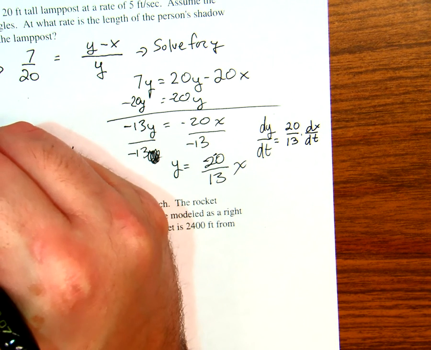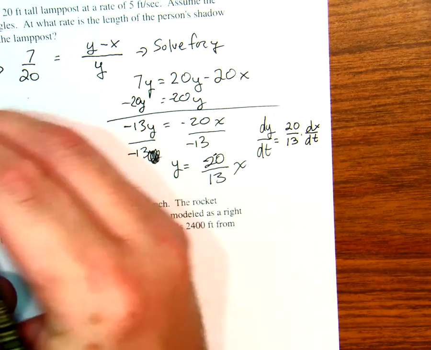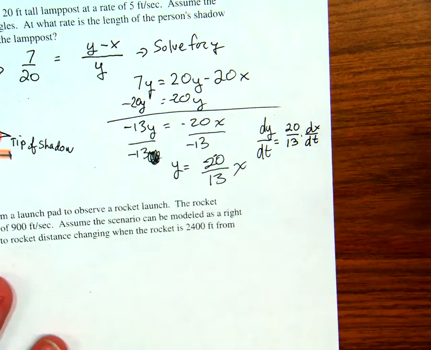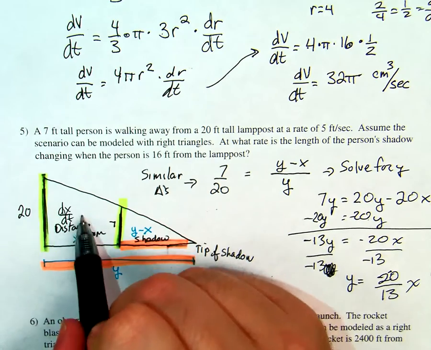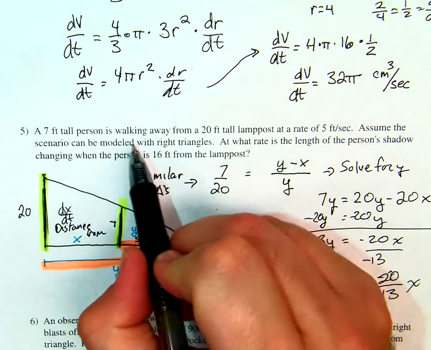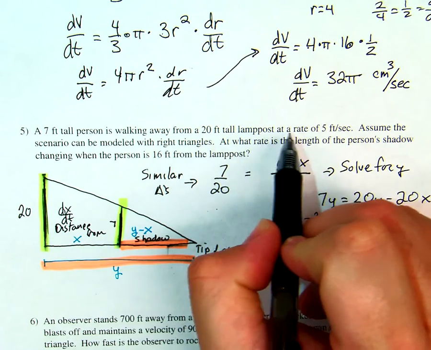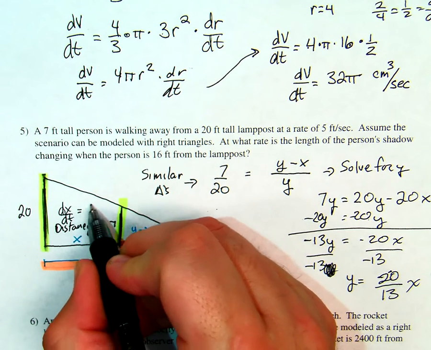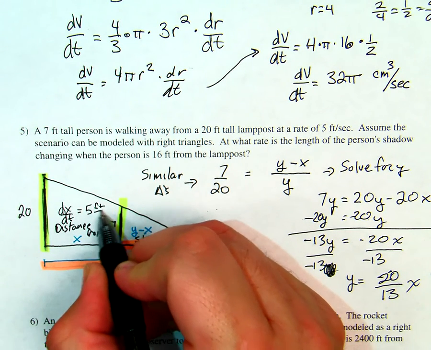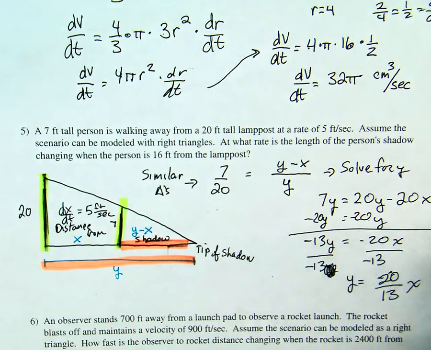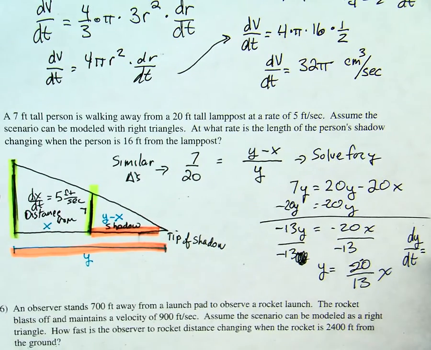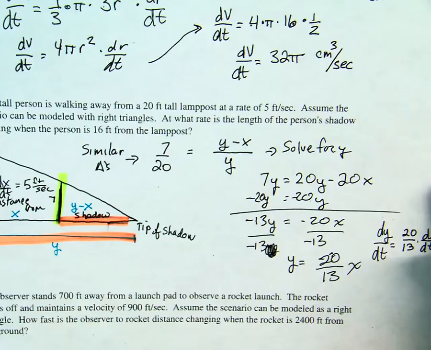So dx dt, it says the person is walking away at a rate of 5 feet per second. So that's going to be here. So you get 5 feet per second. So that's your dx dt, because that's how that rate is changing. There's your pole, there's your person.